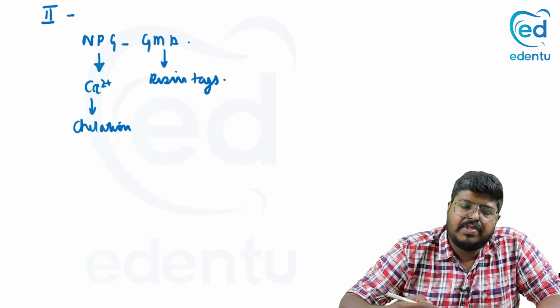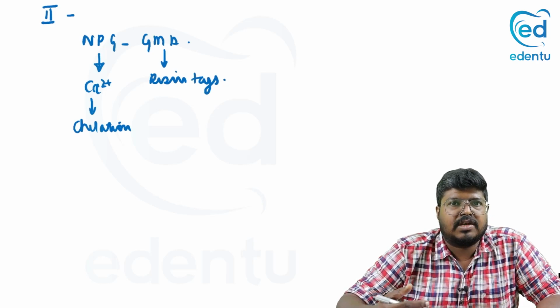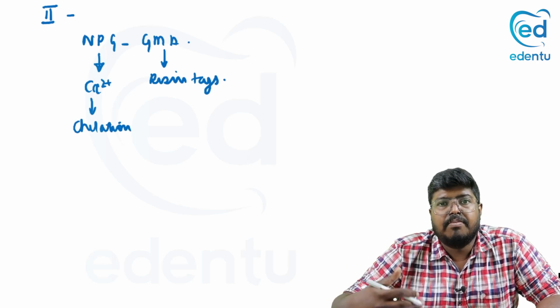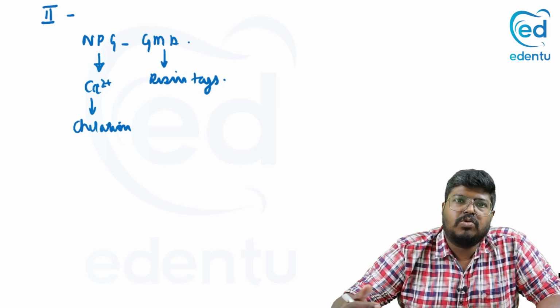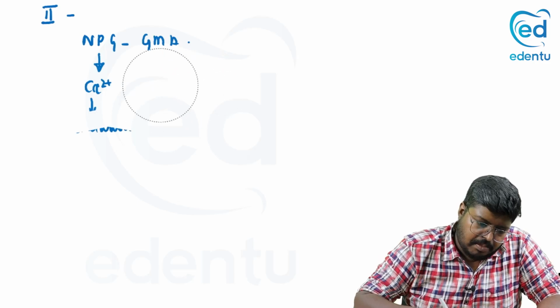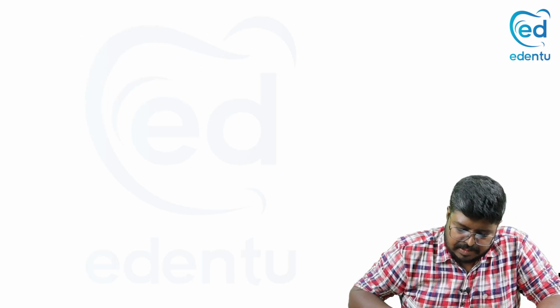Some examples of these were Scotch Bond and Clearfil. If you ask your friends whose parents were dentists, they would talk about Scotch Bond, Clearfil, Prisma, Universal Bond, stuff like that. Those were a few examples of second generation dentin bonding agents, in the 1970s.